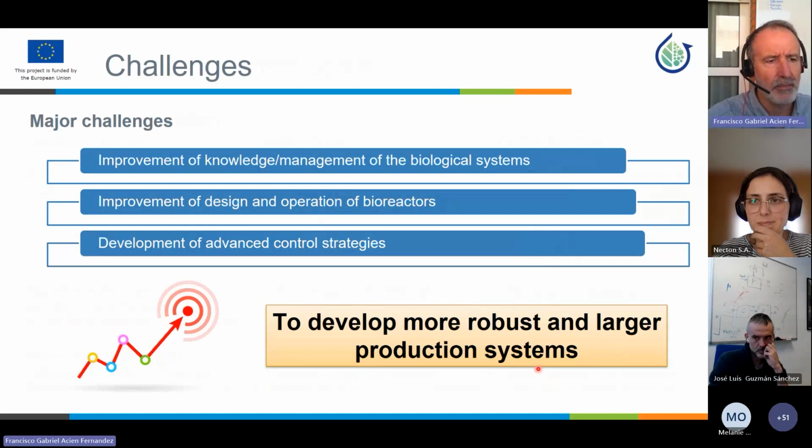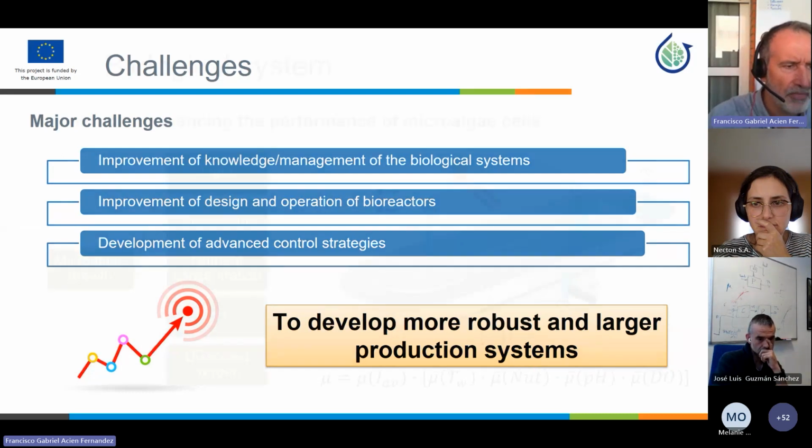These are the major challenges that we must face. I repeat again, all of them are necessary if we want to develop more robust and larger production systems capable of producing, not facilities producing only 100 tons, but 1,000 tons per year for real large-scale application of microalgae biomass.